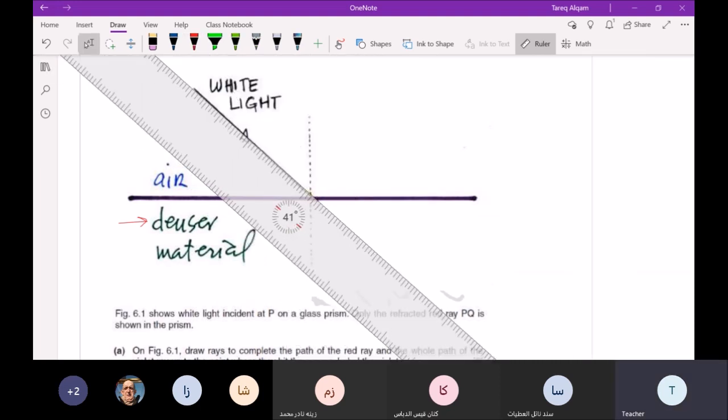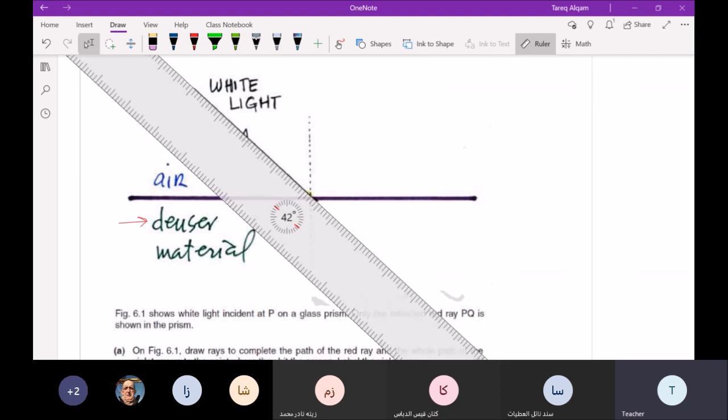Regularly, you will be asked about drawing two colors only, red and violet, right? Red and violet. As you mentioned before, violet bends best. Here, both red and violet bend towards the normal.